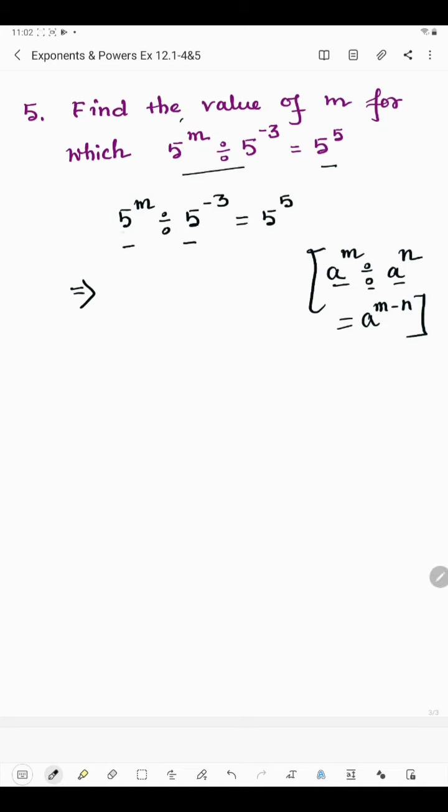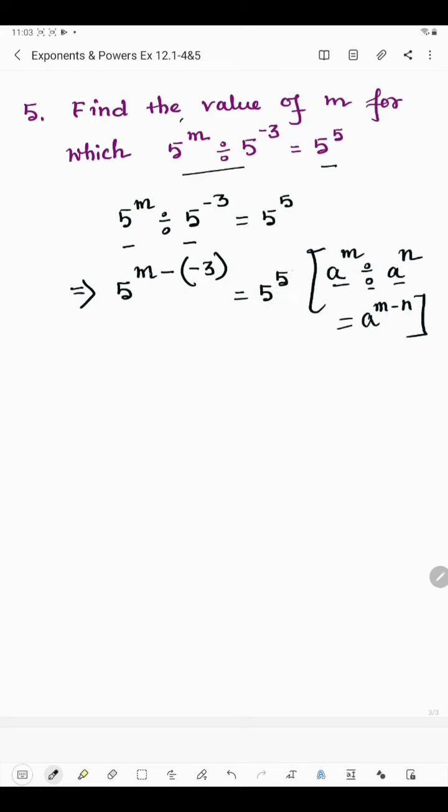So we'll write the base because the base is the same here. So we'll write the base which is 5 here and we'll subtract the power. So it's m minus, here we have minus 3, we will put it in the bracket. So this minus we got from this, and the power is having minus 3. So that's why we will have to put this in the bracket, equal to 5 raised to the power 5.